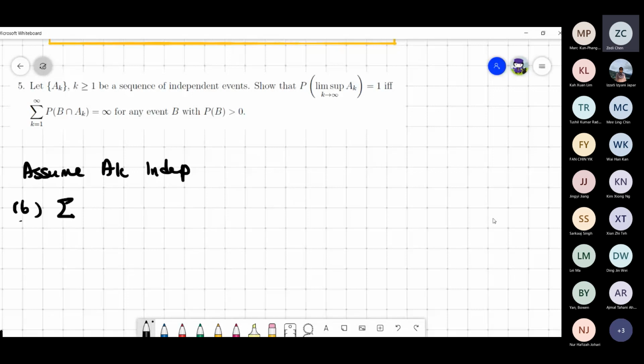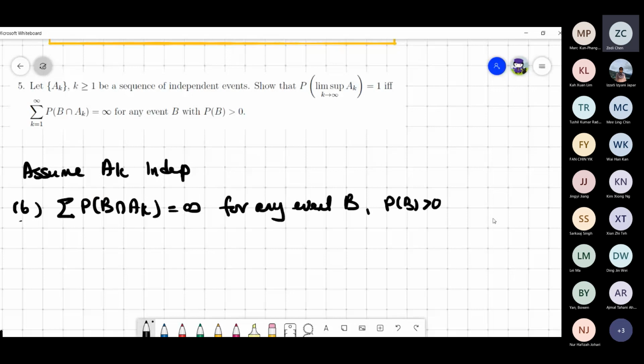So when the sum of P(B ∩ AK) is infinity for every event B with P(B) not 0, we assume this. Maybe I should say this is the opposite direction.